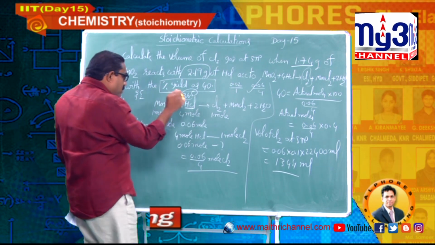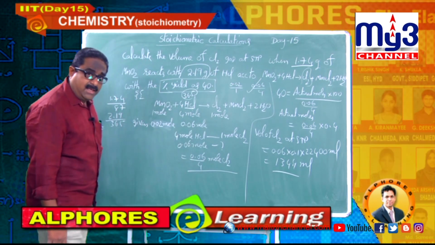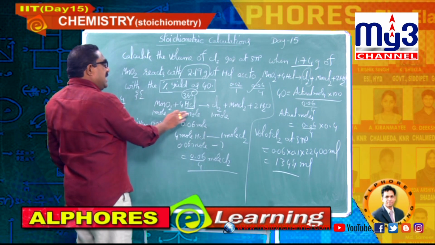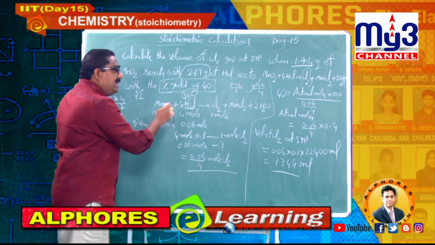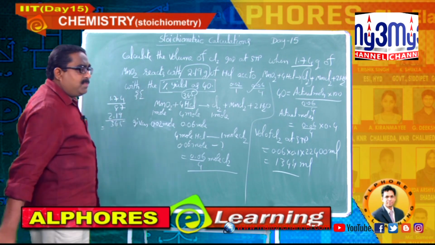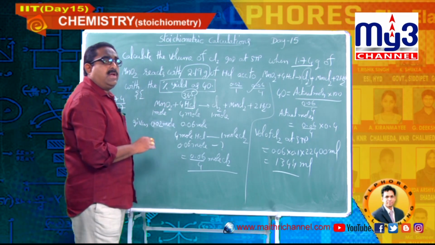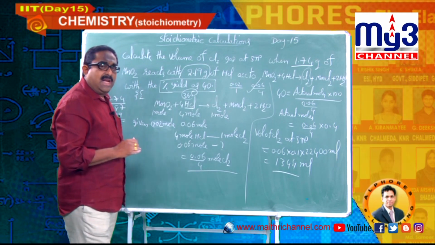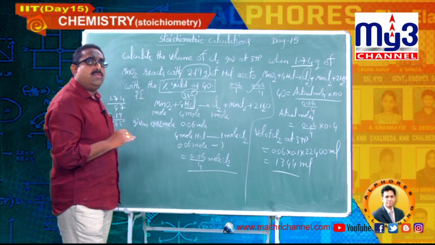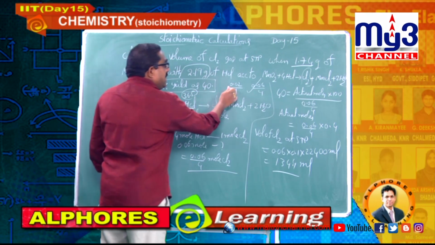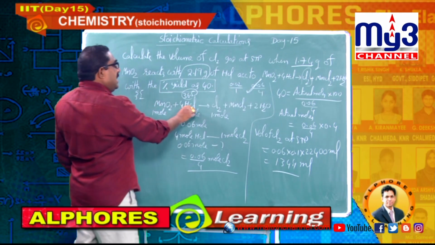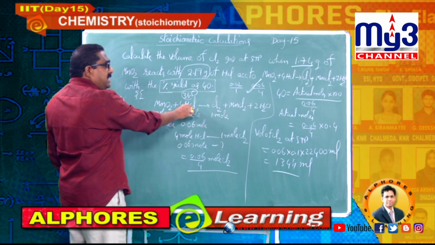Again he has incorporated the concept of limiting reagent here. So first I have to find out which is limiting reagent, whether manganese dioxide or HCl. For that we have an approach: given moles by stoichiometric moles. Least value we should select, and that reagent only we should fix as a limiting reagent. And based on that I have fixed HCl as a limiting reagent in this question.